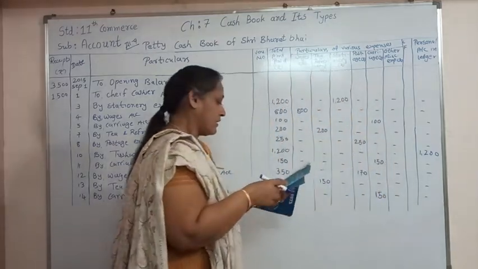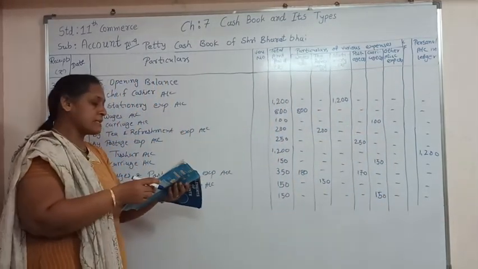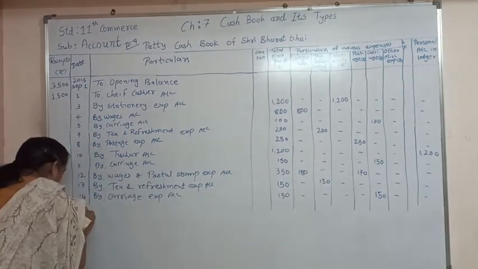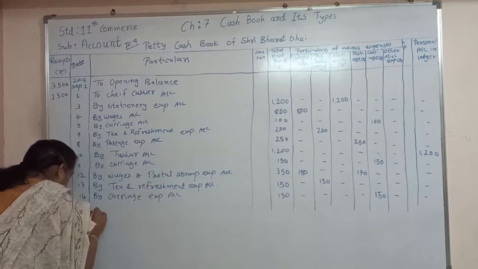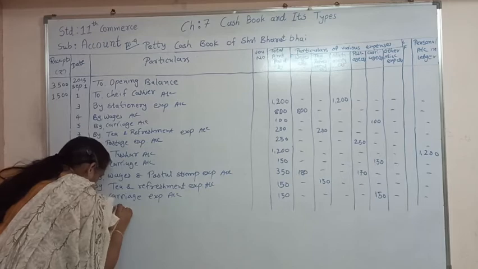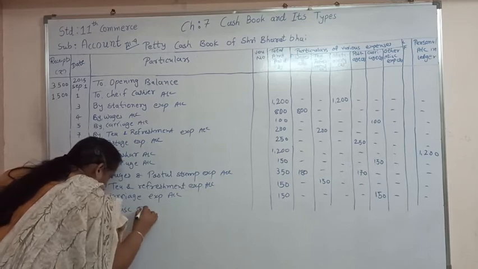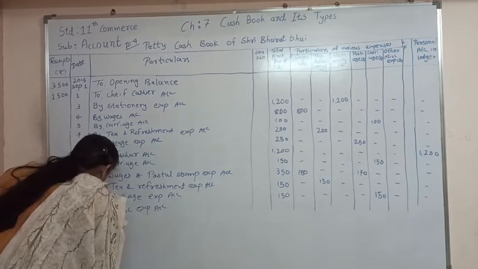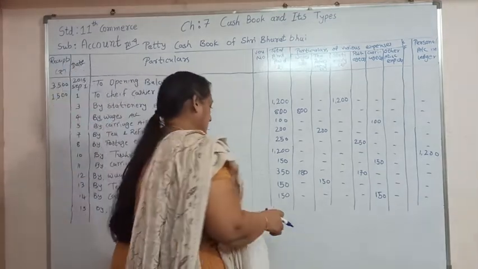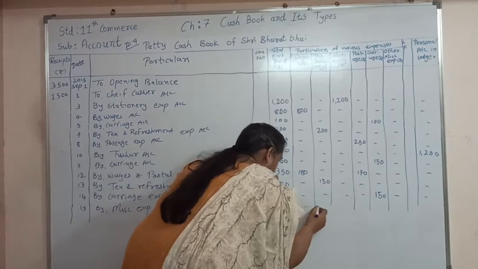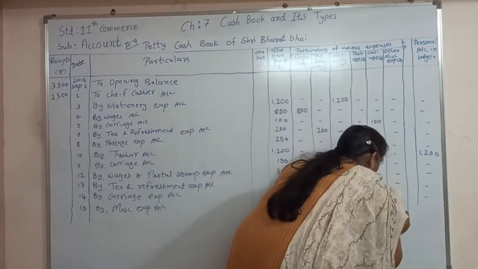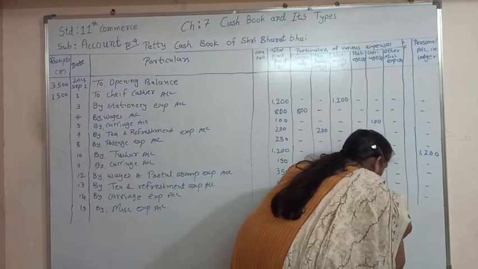And on 15, other miscellaneous expense amounted to 100. So on 15 we will write by miscellaneous expense account. That we write in the column of other miscellaneous expense, 100 rupees.